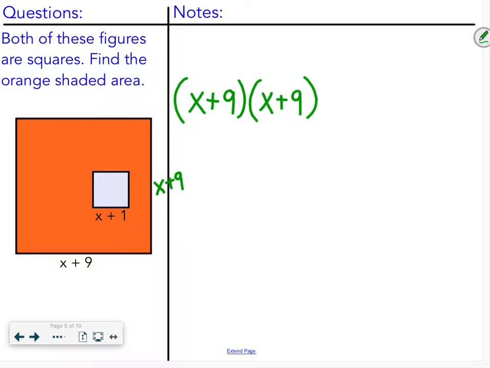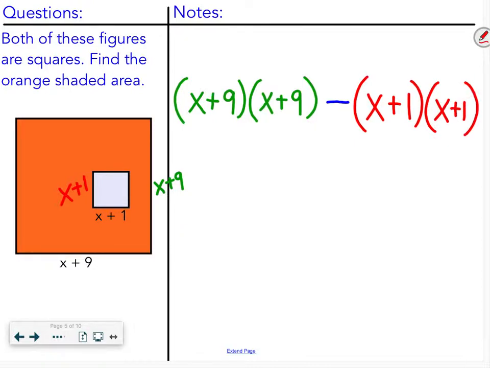Then we subtract the area of our small square, which would be x plus 1 times x plus 1. We can do the box method for both of these, and then we will subtract them.